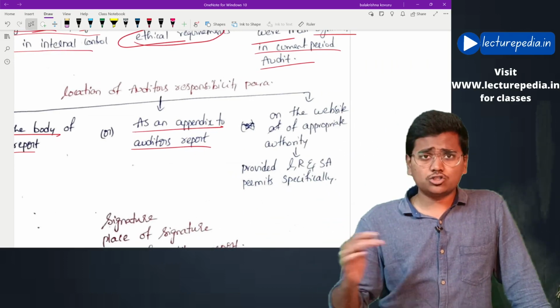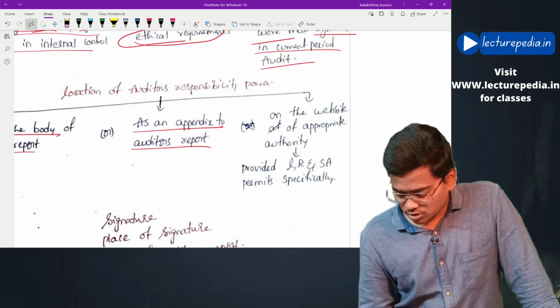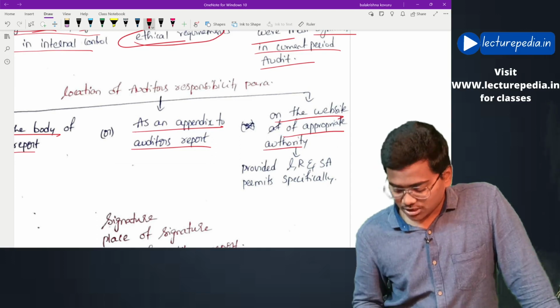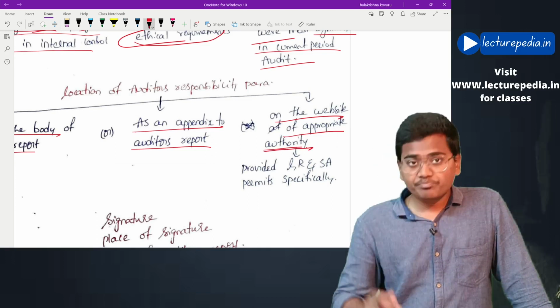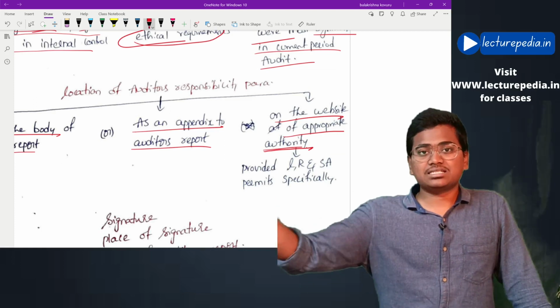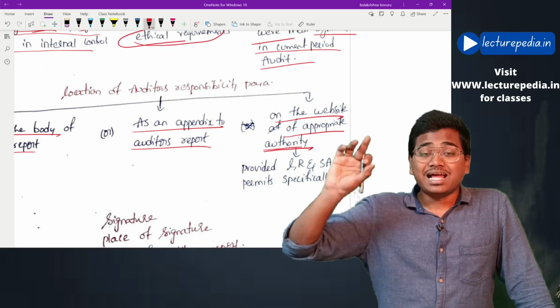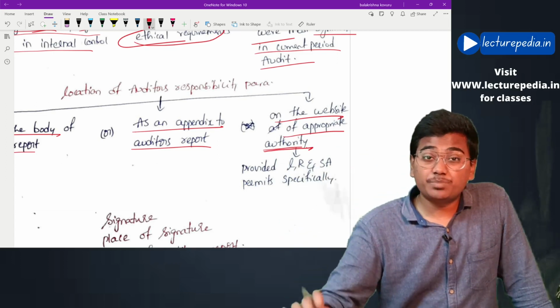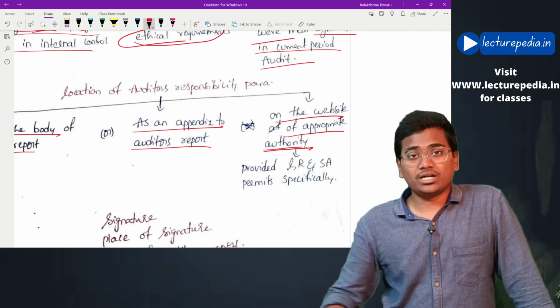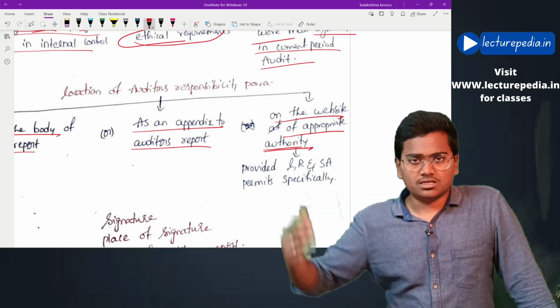And the auditor's responsibilities can also be placed on the website of an appropriate authority, provided the respective law or regulation requires such mentioning of auditor responsibility on those websites, and standards on auditing specifically permit that. Only in that case they can be mentioned on the respective website.